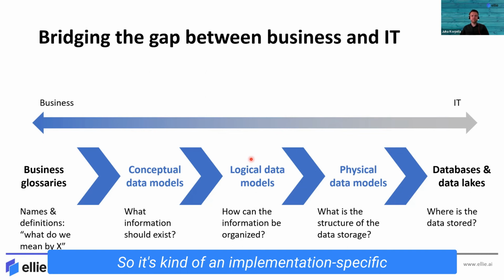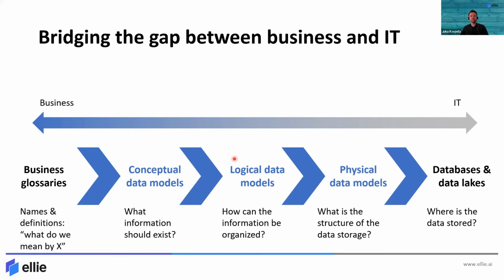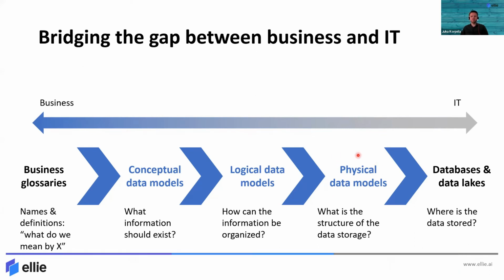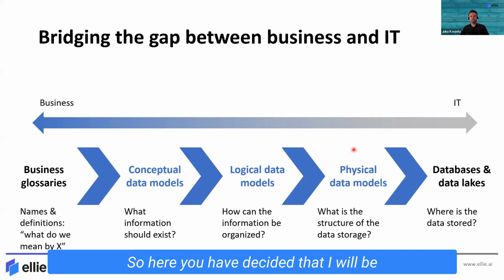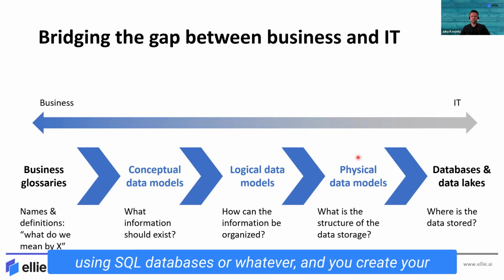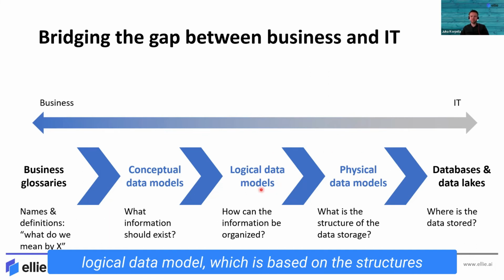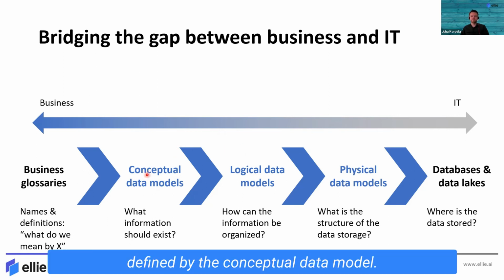So it's an implementation-specific detail, even though it doesn't necessarily consider the technological solution, which is covered with the physical data model. So here you have decided that you will be using SQL databases or whatever, and you create your physical database based on the scope defined by the logical data model, which is based on the structures defined by the conceptual data model. And here you go into the full IT end and do the technological work.